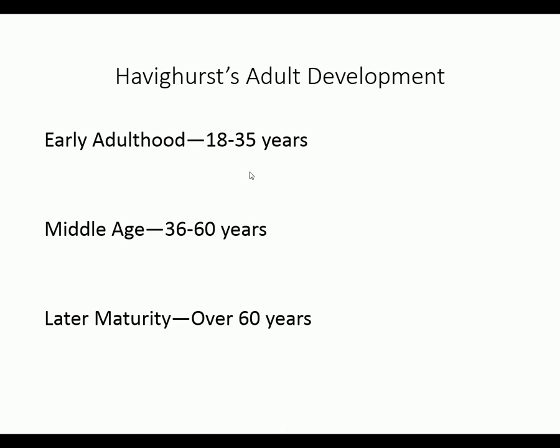These developmental tasks hinge on the culture that the person belongs to. Successful completion earns them community and social approval, which provides a foundation to accomplish further tasks during their development.